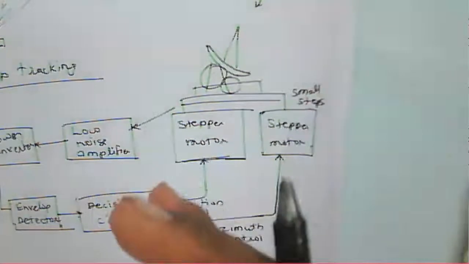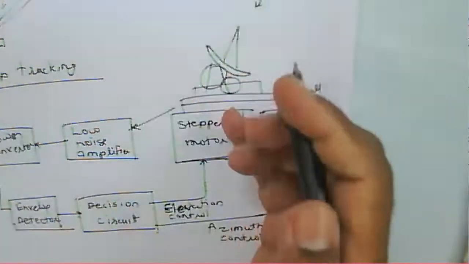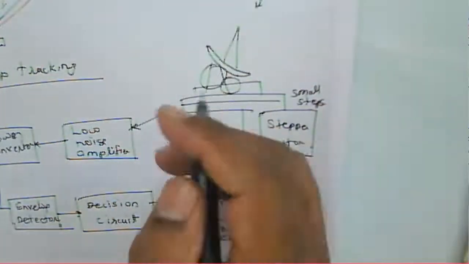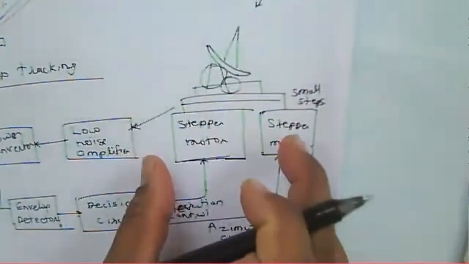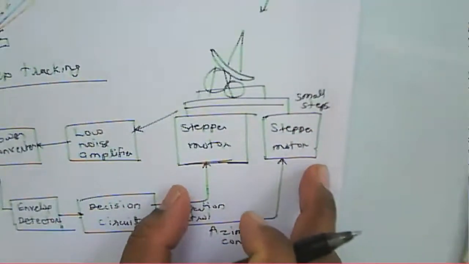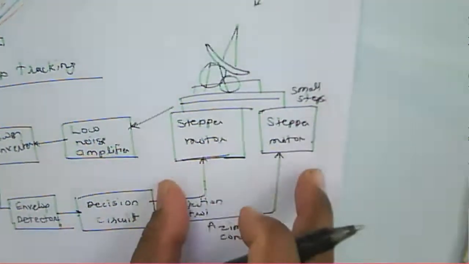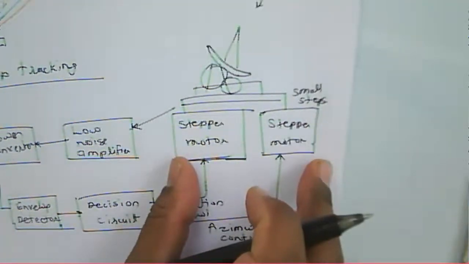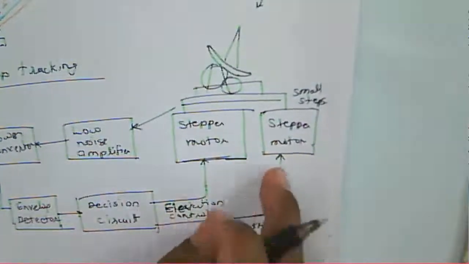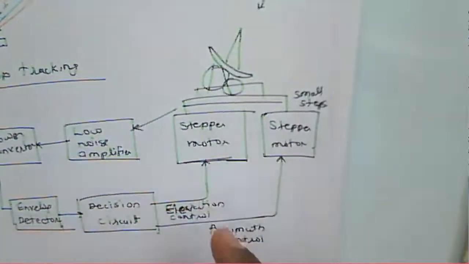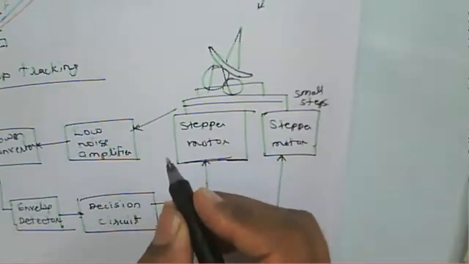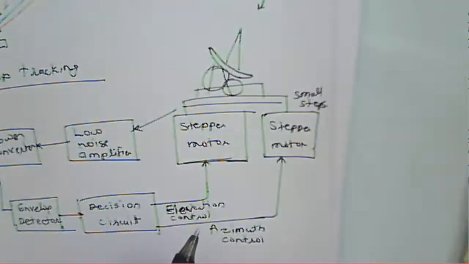If we receive a stronger, higher signal, in that case there is no need to change the position. And if the signal strength is less, then we need to use the stepper motor to fix the position of the earth station.